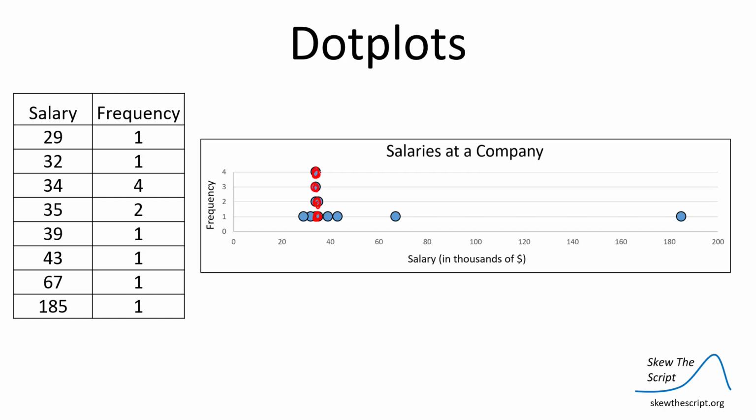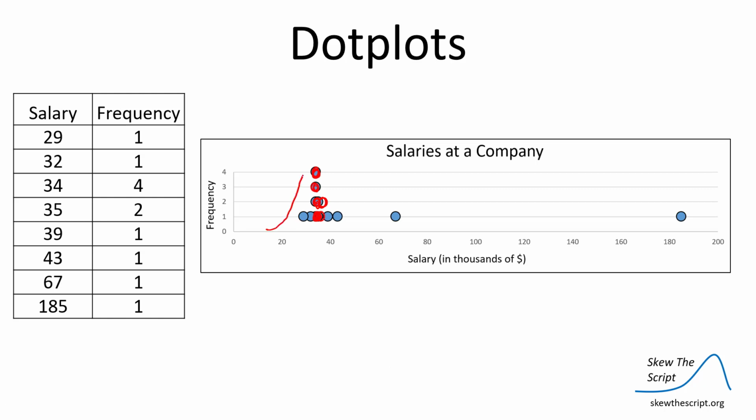That allows us to quickly establish how skewed this data is. Is it symmetrical? Is it skewed right? Is it skewed left? The number 35 happens twice, which is why there is a 1 and a 2 right beside it.